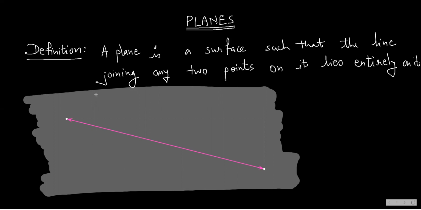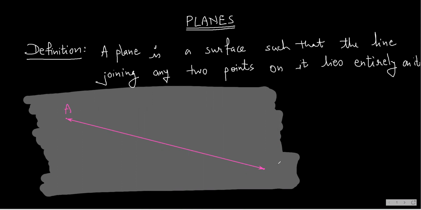Now I notice that all the points on this line entirely lie on the surface.